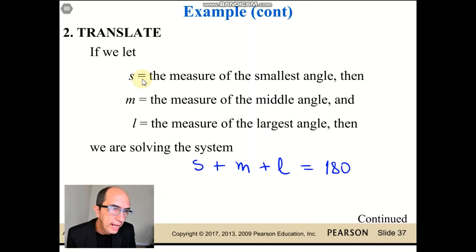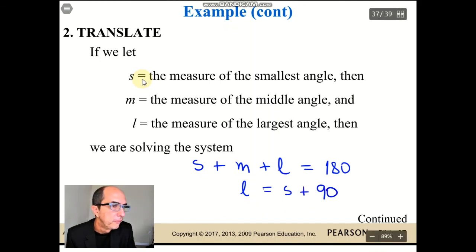The largest angle, L, is going to be equal to the smallest one plus 90. This is given by the problem, right? And the one in the middle is going to be the smallest plus 30 degrees.